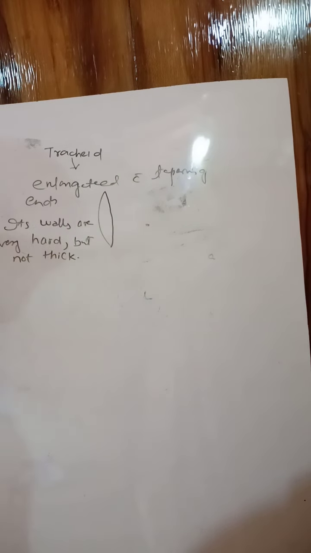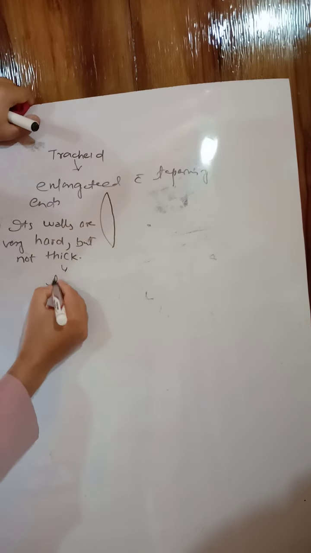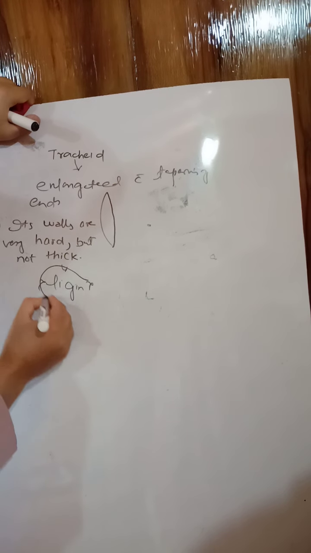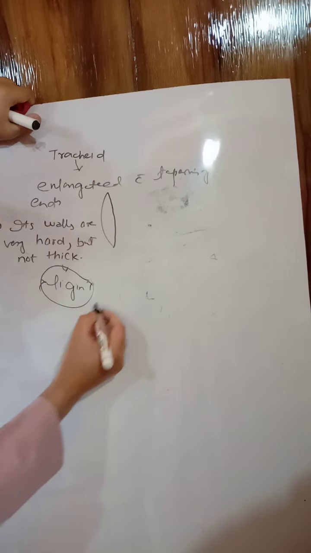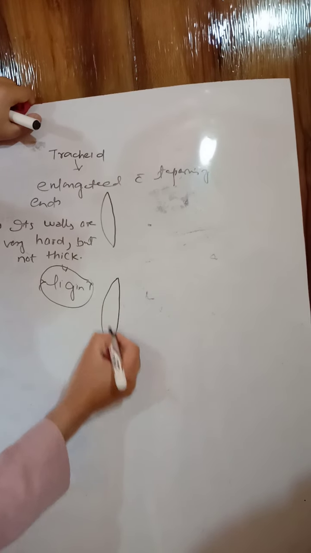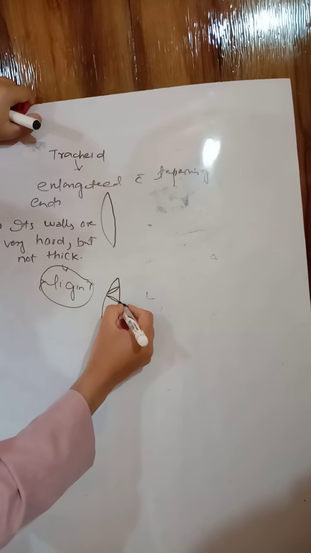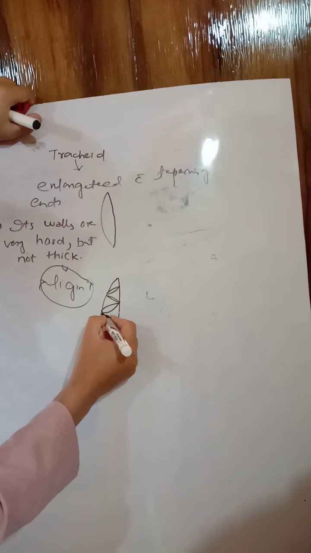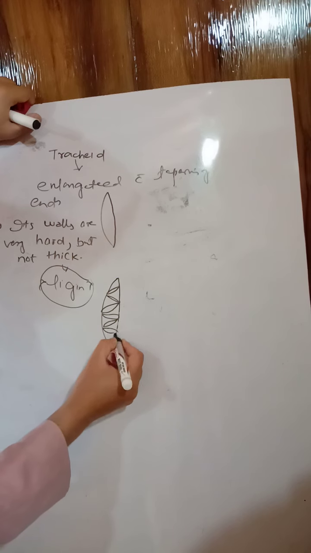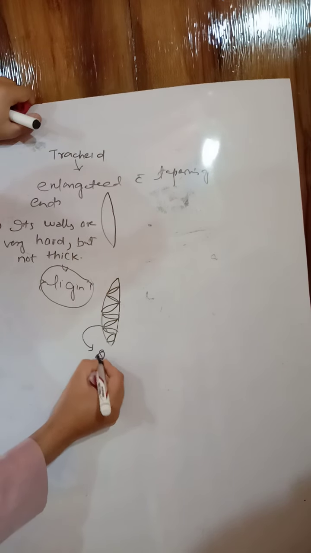The thickening of xylem is because of a substance that is called lignin. So lignin is deposited in tracheids. If this lignin is deposited in the form of a ring, it is called annular.